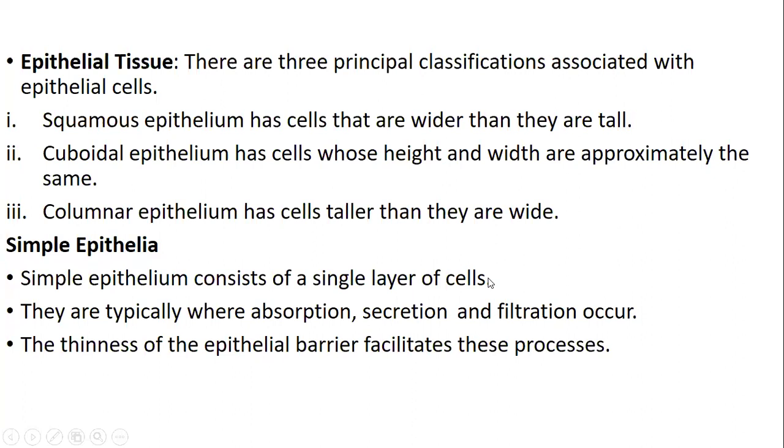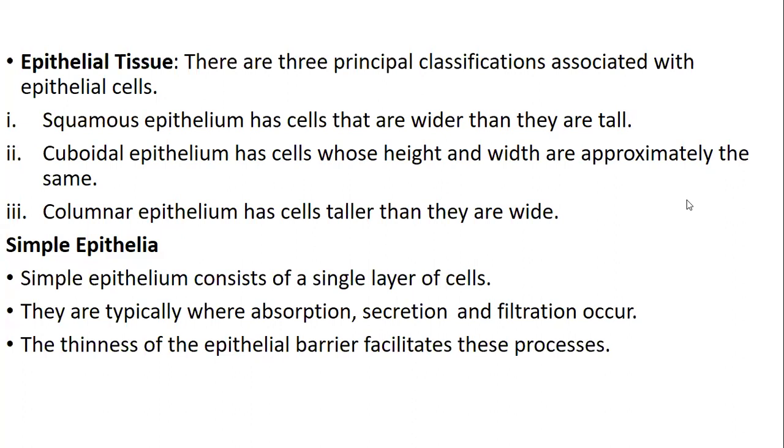All right, so epithelial tissue has three principal classifications associated with the epithelial cells. Squamous epithelium has cells that are wider than they are taller. The cuboidal epithelium has cells whose height and width are approximately the same.